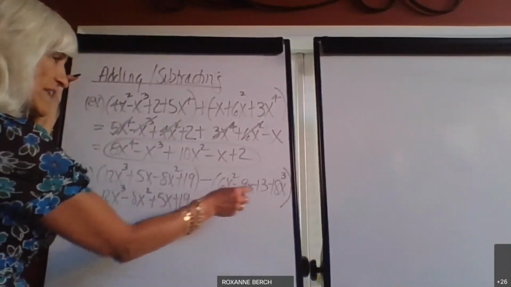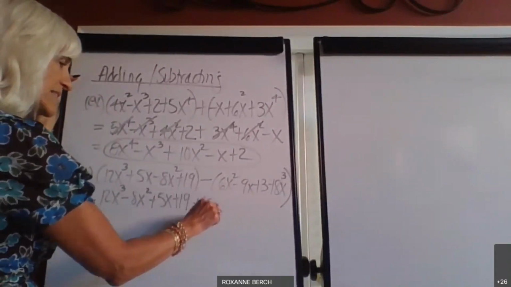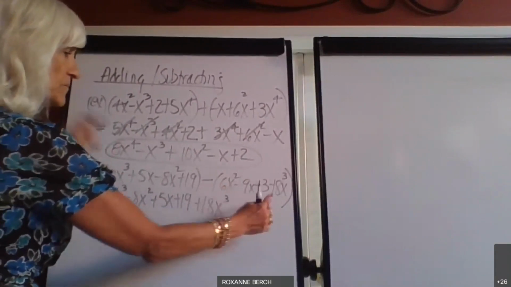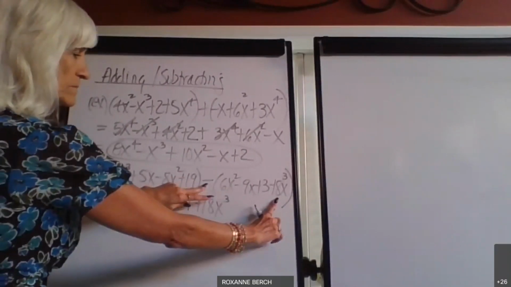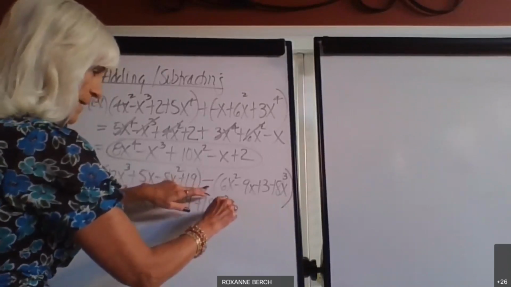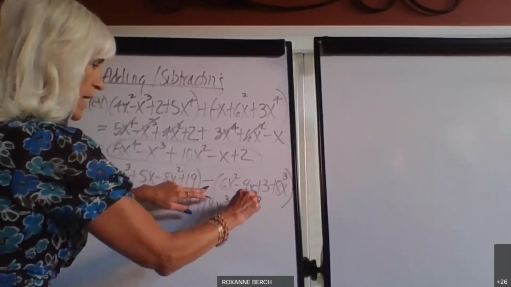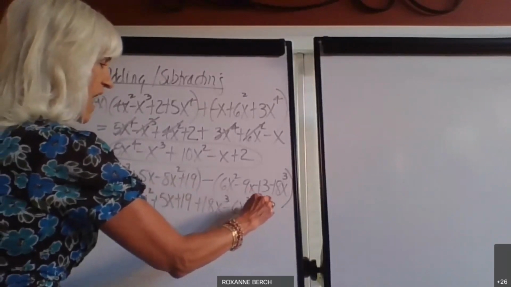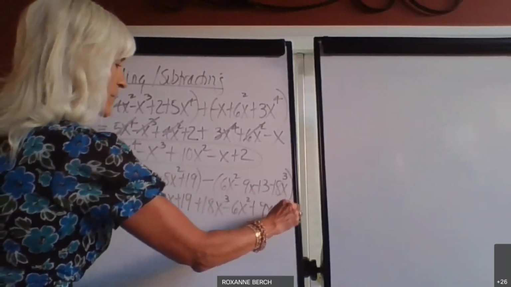But wouldn't this be positive 18x cubed? Yes. Plus, okay, then this would be minus 6x squared plus 9x minus 3.